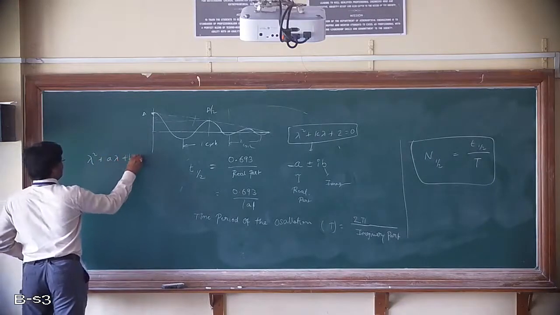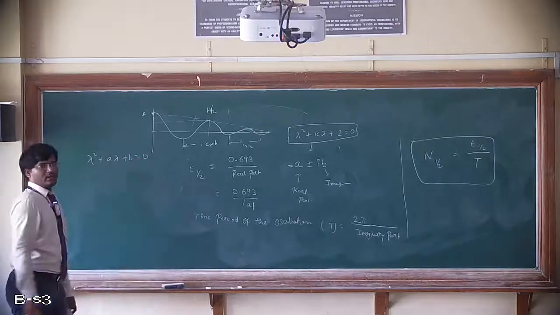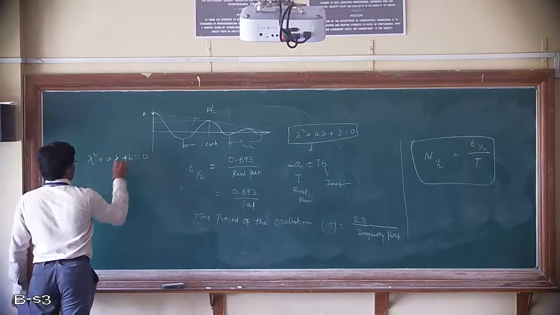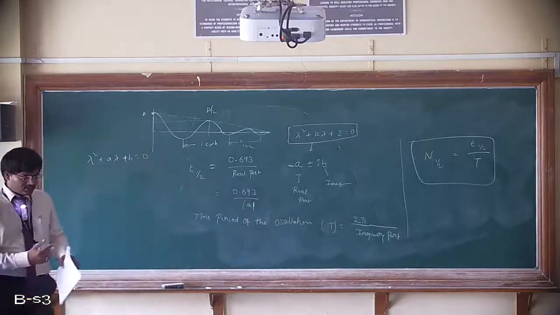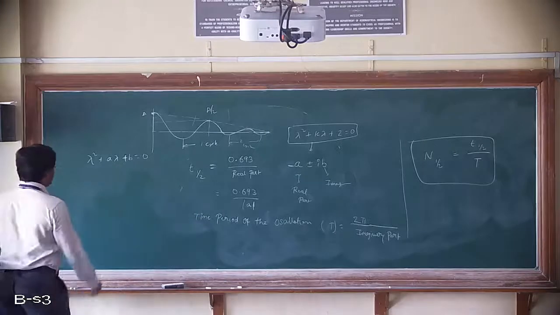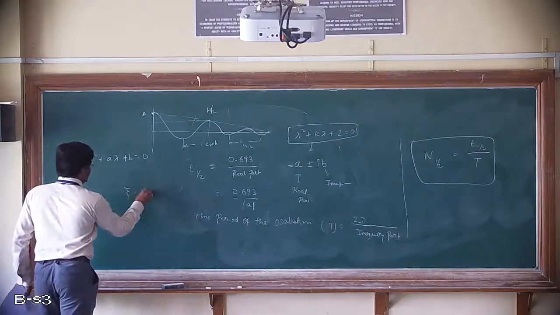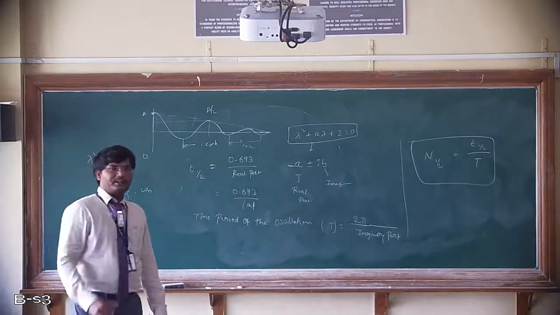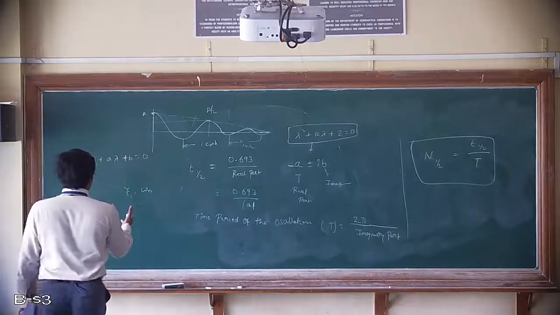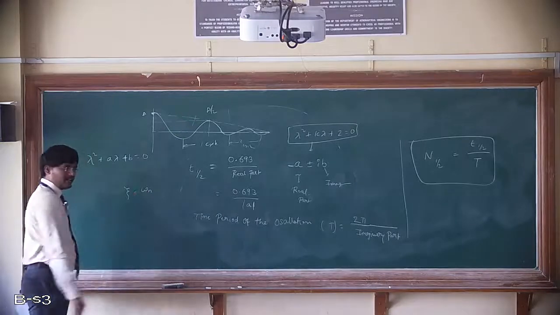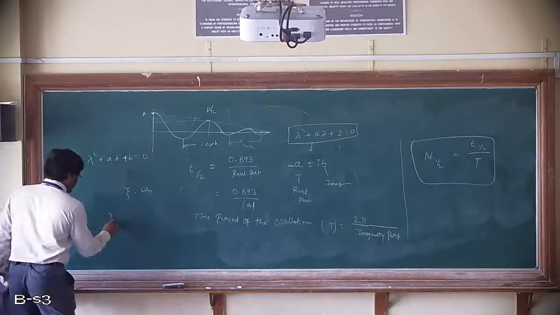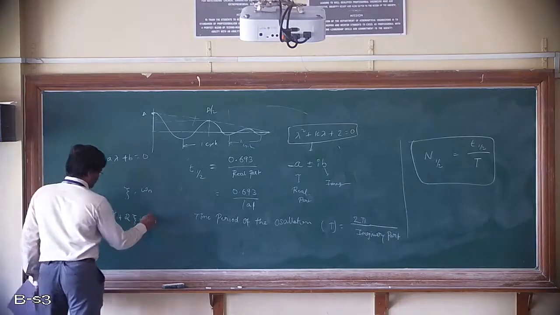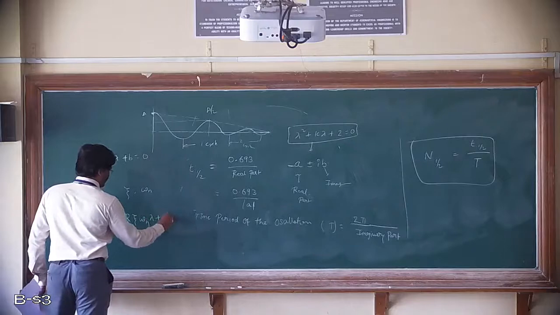So you have some second order equation like this, lambda square plus a lambda plus b is equal to 0. So this is second order, and for a second order system you have damping ratio zeta and omega n is the natural frequency of the system. Then how can you represent the characteristic equation of this system?